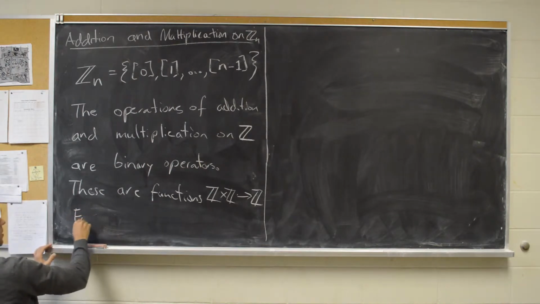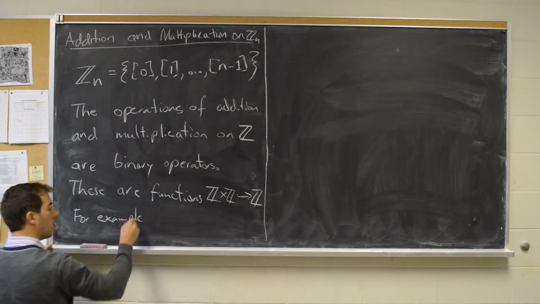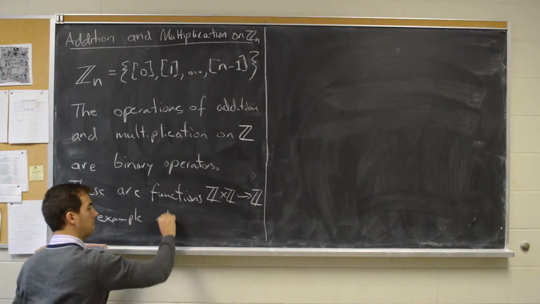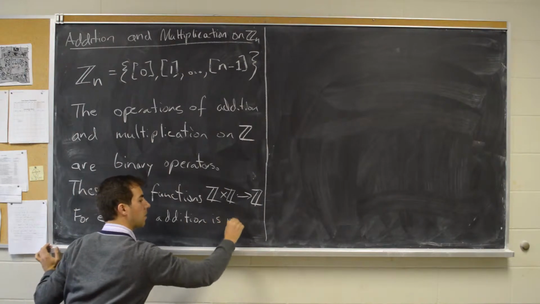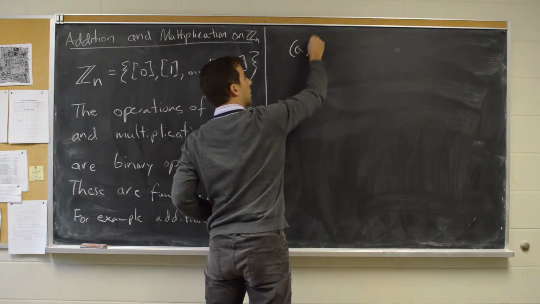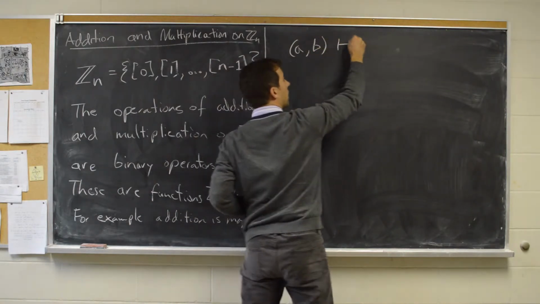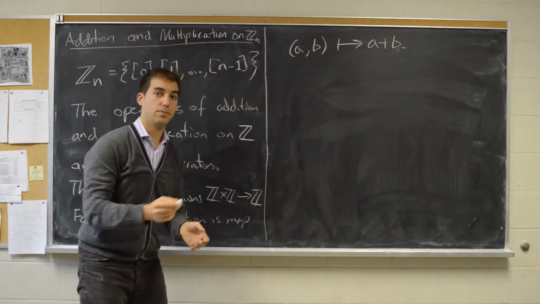So for example, addition corresponds to the map taking integers a and b and setting it to a plus b, as we know how to do.